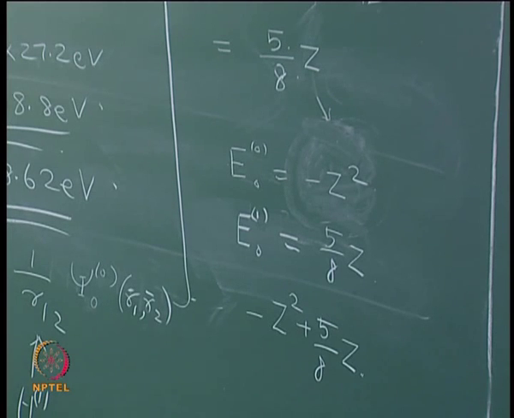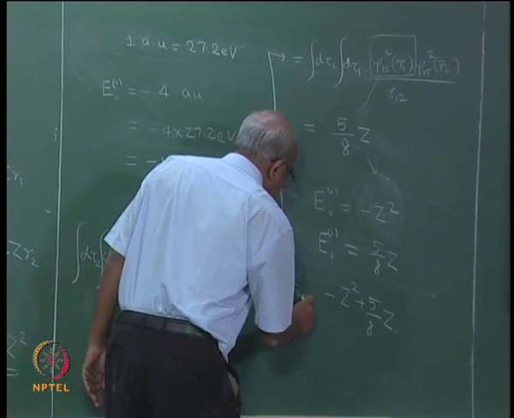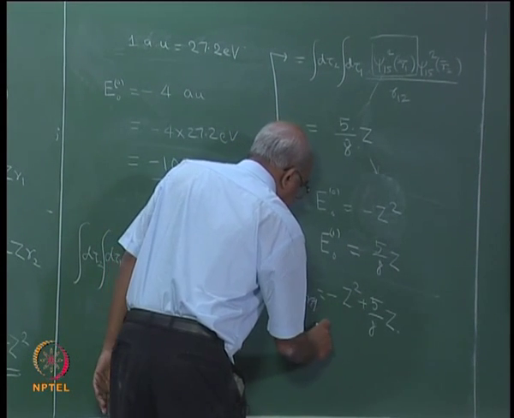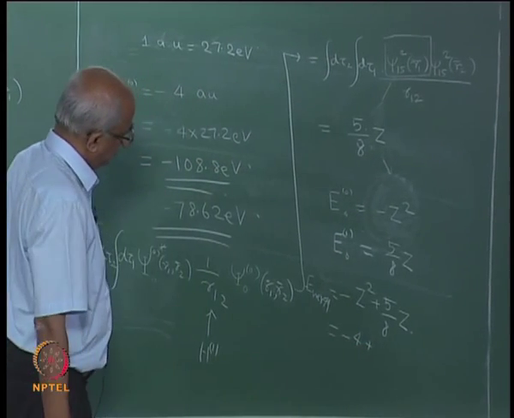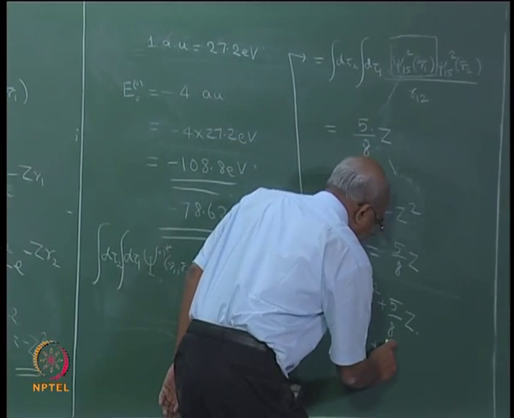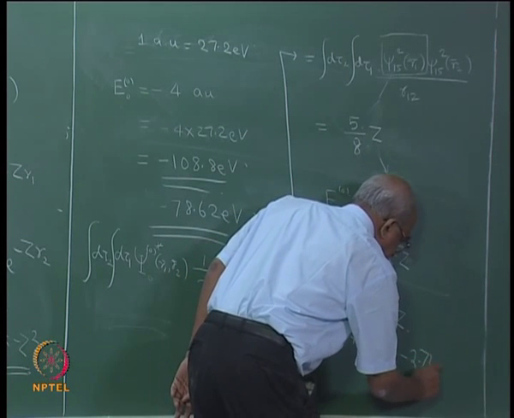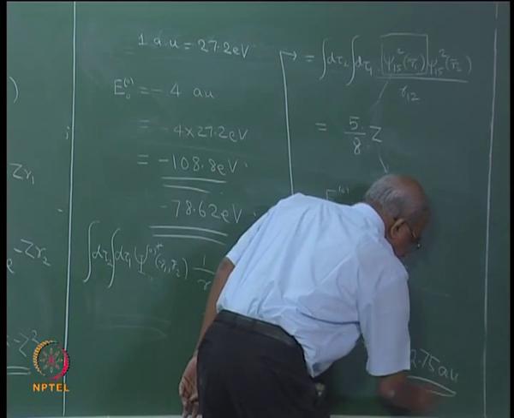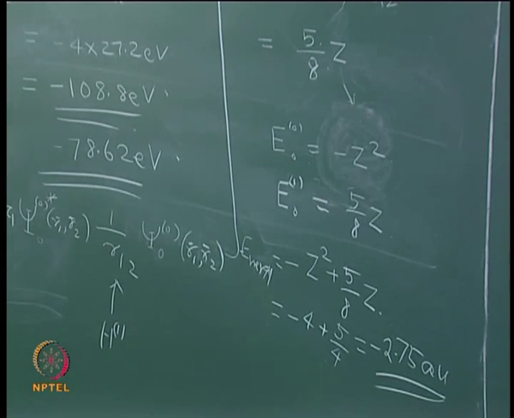Now, you can put a value of 2 if you are interested in the helium atom, and that will give you minus 4 plus, since Z is 2, 5 by 4, which works out to be minus 2.75 atomic units. That is our better answer after using perturbation theory.